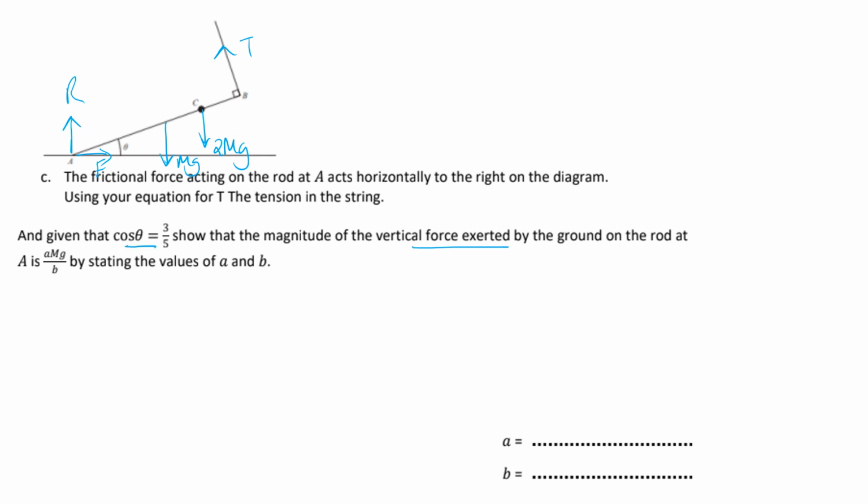Now we're told that cos theta is 3/5, and we just worked out that T was 2mg cos theta. Because we're trying to find R, we're going to do forces up is equal to forces down. So the forces up are the R, and then we can resolve the T vertically and horizontally.